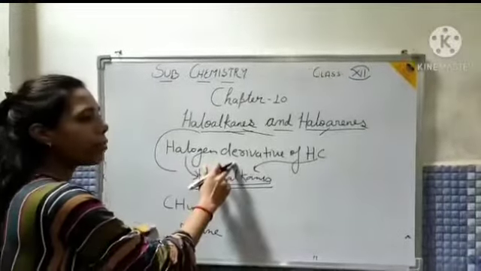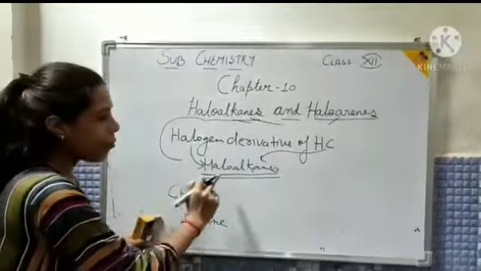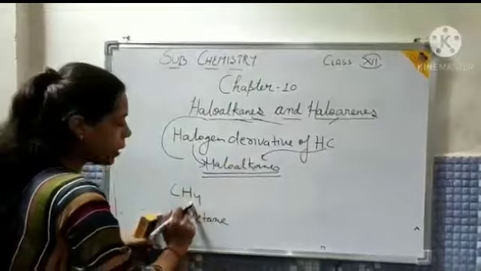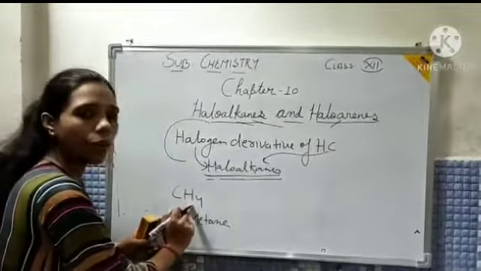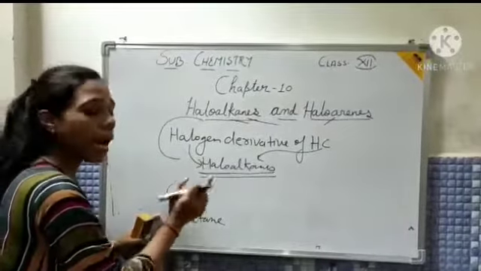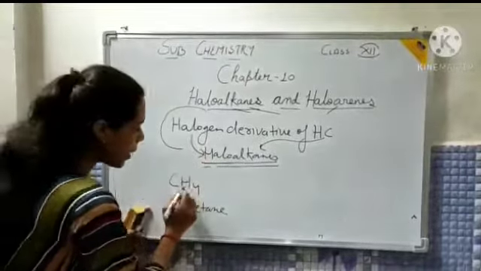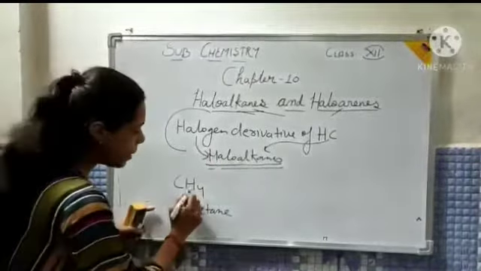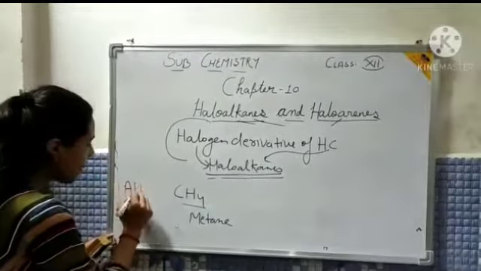A halogen derivative of a hydrocarbon is formed when we replace one hydrogen from an alkane or arene with a halogen. You substitute one hydrogen with any halogen atom, and the halogen derivative is formed. For example, methane is a simple alkane.